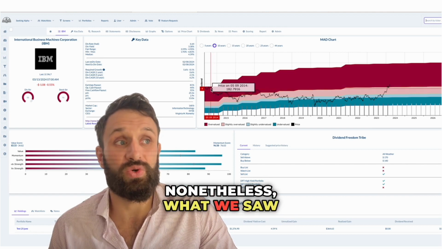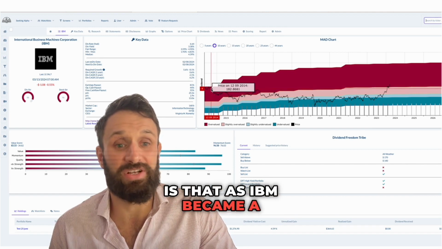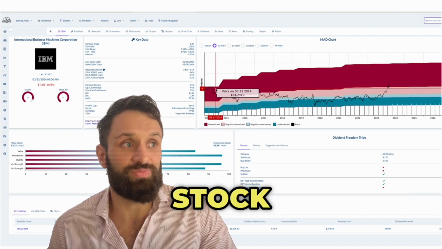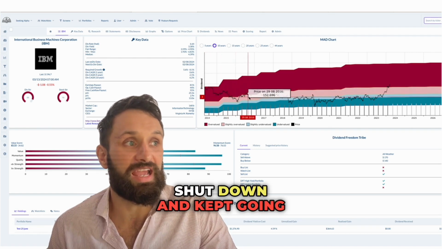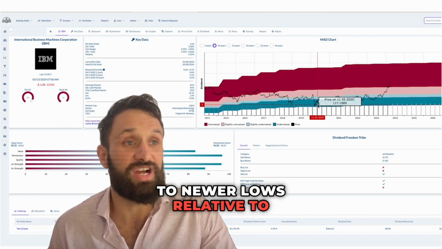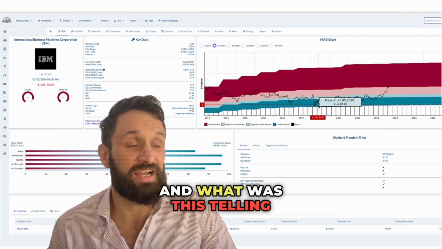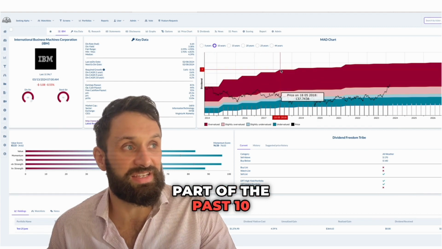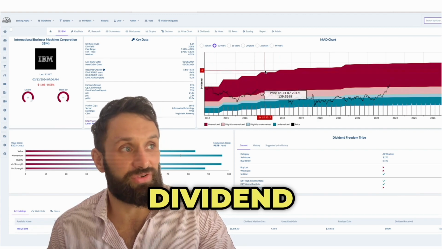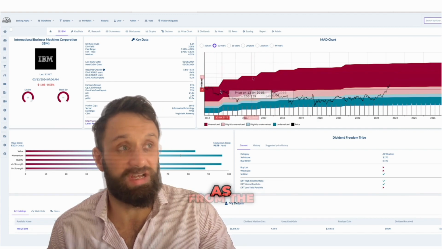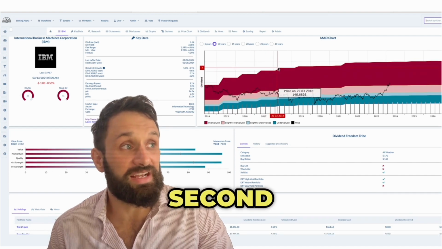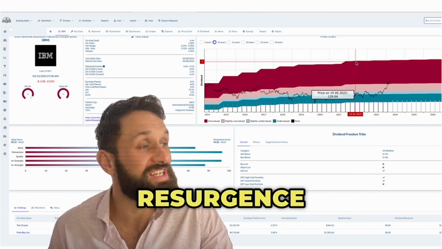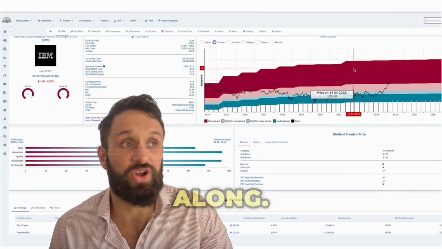Nonetheless, what we saw is that as IBM became a more sluggish company, the stock price shot down and kept going to newer lows relative to the dividend. And what was this telling us? You can see here, in the first part of the past 10 years, there was still some dividend growth that was quite nice. Then in the second half, this has gotten a lot slower, with a small resurgence here, but generally speaking, it's bumping along.